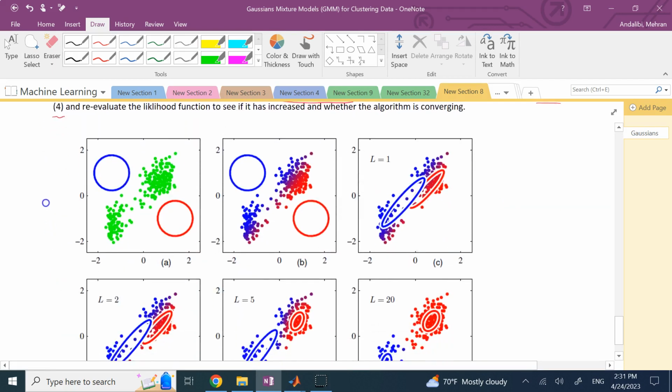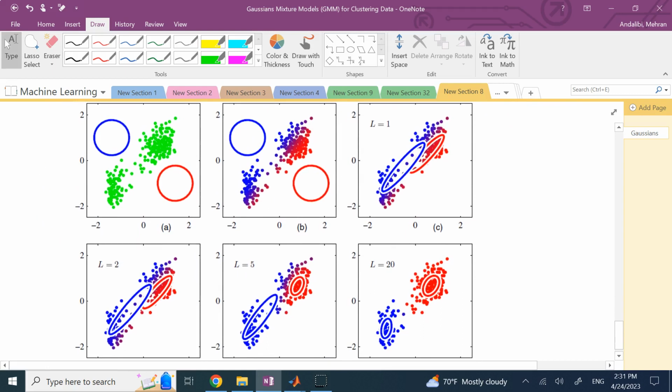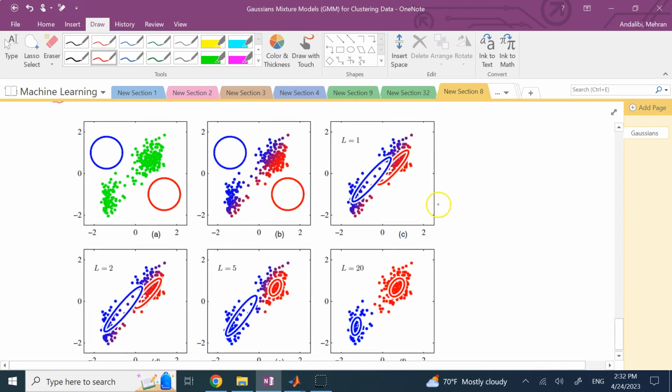So here you can see a simple demo of this algorithm. Here in picture A, this picture coming from the book by Bishop, I have all of my observations in green, and I guess 2 values for mu's and sigmas and pi's in this case. So this is my, let's say, mu1, this is my mu2, these are the locations.